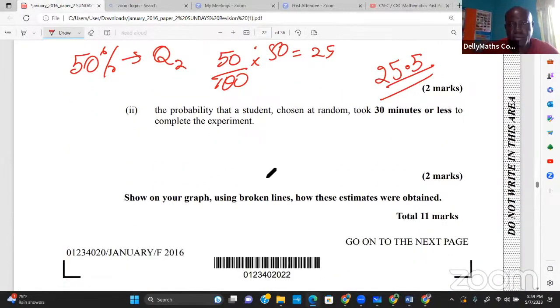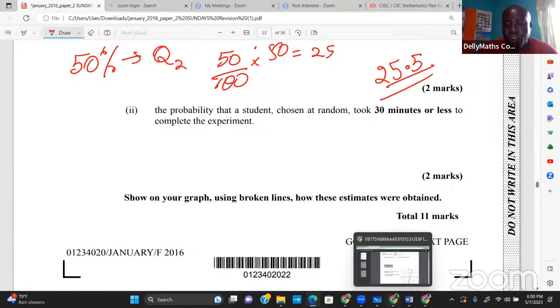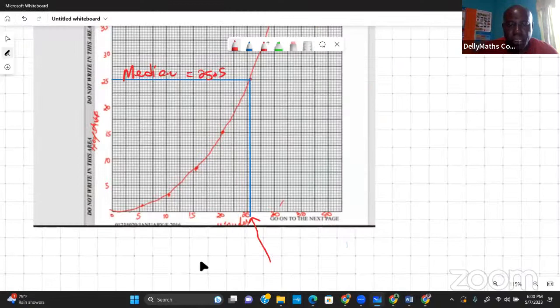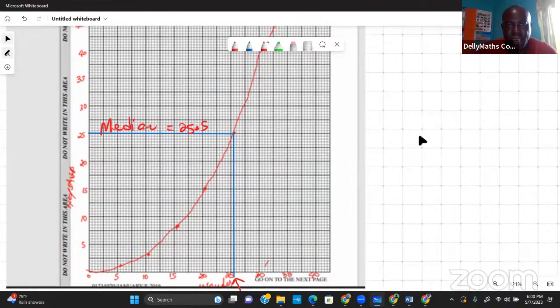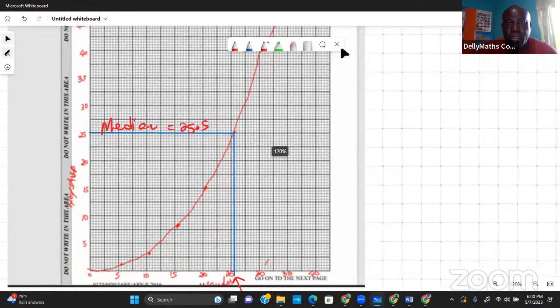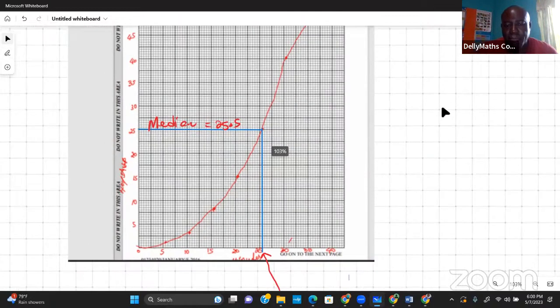Next question says the probability that a student chosen at random took 30 minutes or less to complete the test. So that's under 30 minutes or less. You go to your curve, go where the minutes are, on the x-axis. We want to know how many students first, and then we deal with the probability after that.